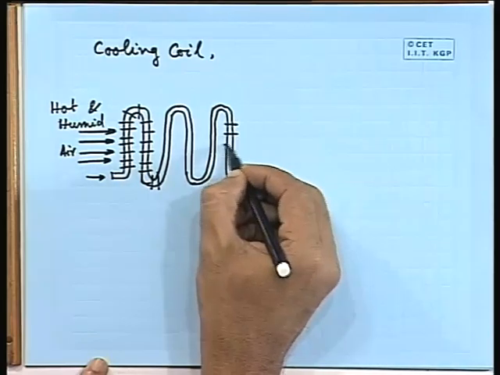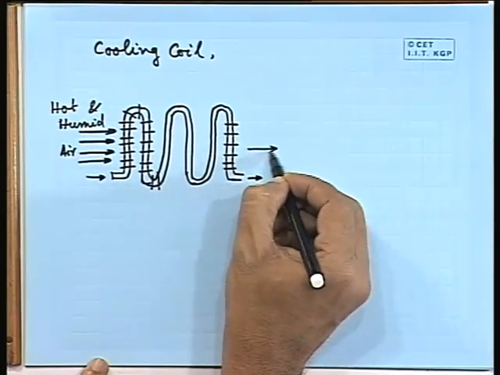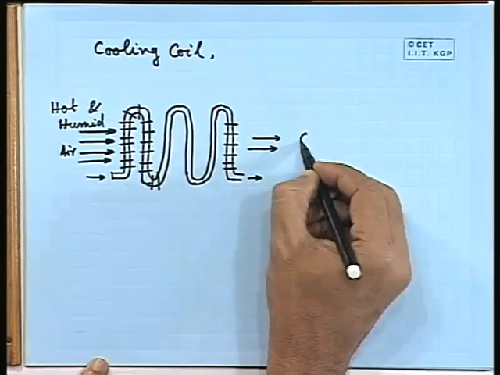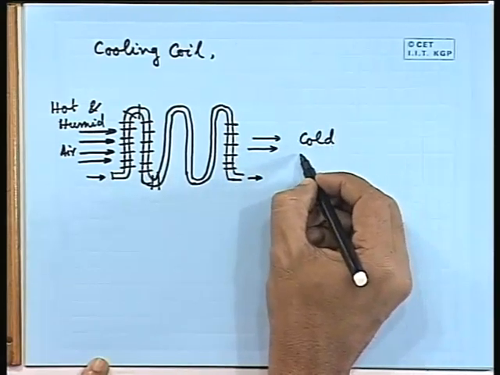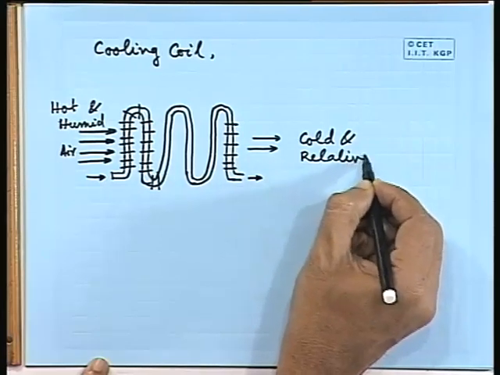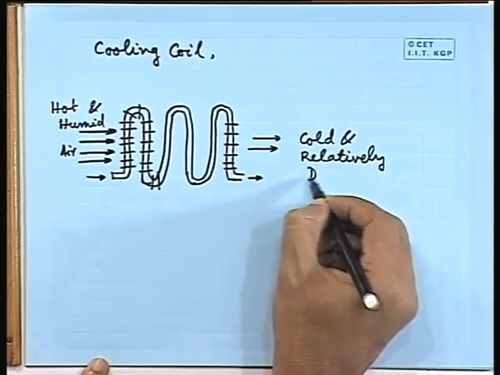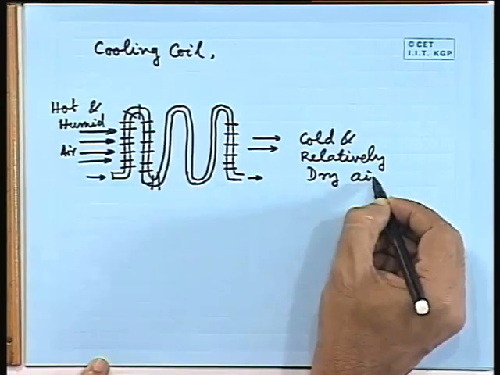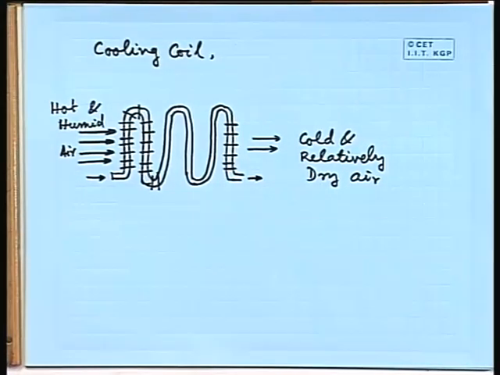When air comes out, it will be cold and relatively dry. Cold, we can understand, because the refrigerant passing through it is at a much lower temperature. But relatively dry, how?